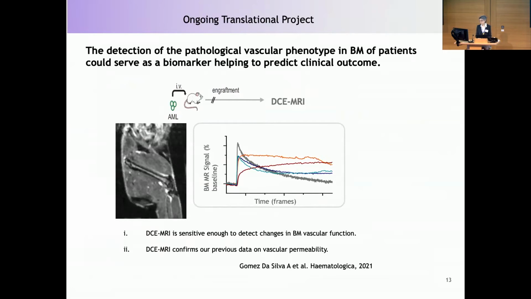And for that, we discussed with different people in in vivo imaging at the institute, and we found out that by contrast MRI, so DCE-MRI, we may be able to indeed look at vessel permeability without having to look with 2 photons at the calvaria of the patients, which would be very difficult to do.